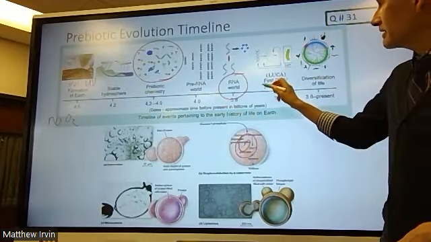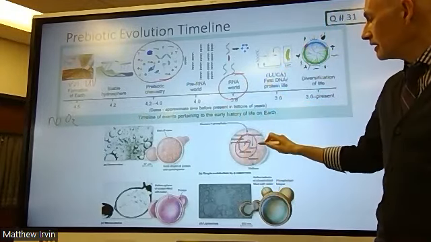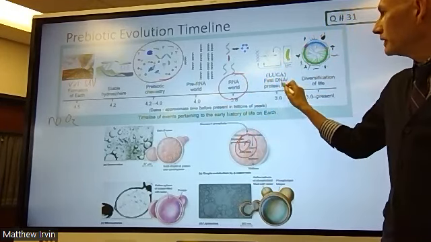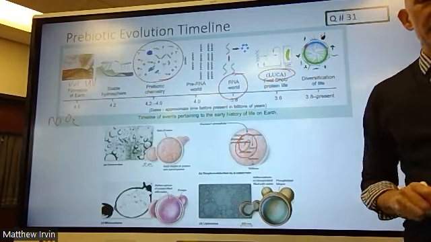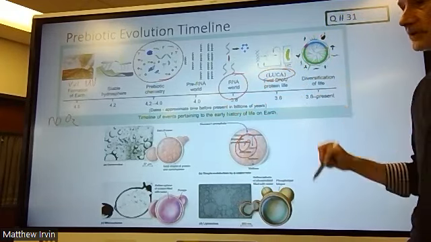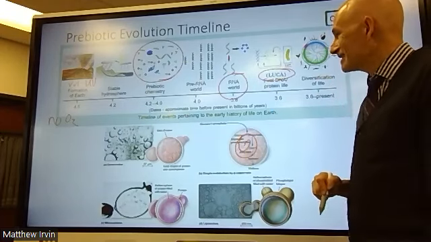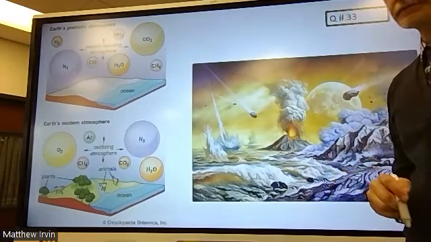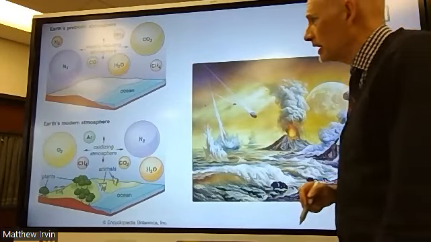And so then we get that RNA inside of a protobiont, and then you get LUCA, the last universal common ancestor, which then over time starts to diversify into life. At some point, DNA becomes popular because it's more stable than RNA.